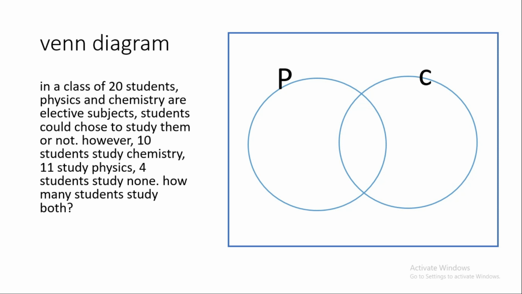Now it is known that 11 students study physics, so let us put 11 there, and 10 students study chemistry, so let's put 10 there. Now 4 students study none. They are still in the universal set, but they are not inside the circles, so they will stay within the box. So the question now is find x. Find those that study both. Let's make that x.